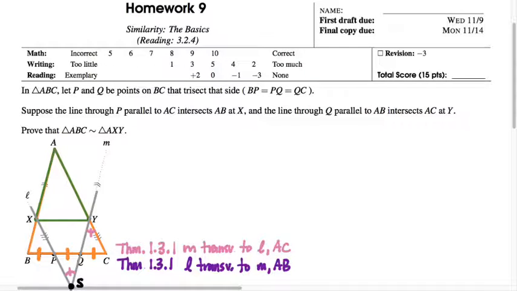And again, L and AC are parallel to one another. M and AB are parallel by construction. And so, Theorem 1.3.1 tells us that opposite interior angles are congruent, and so the angle BXP and PSQ are also congruent. So we have now 3 angles in this figure that are all congruent to one another.